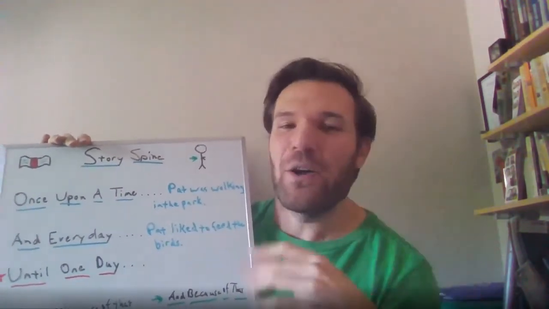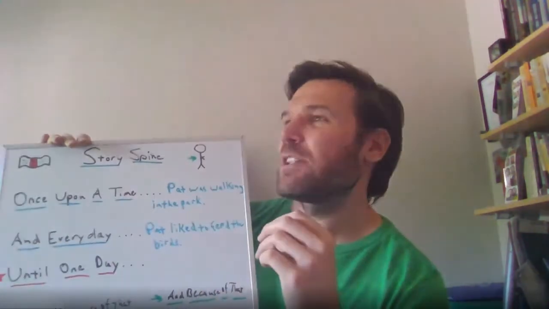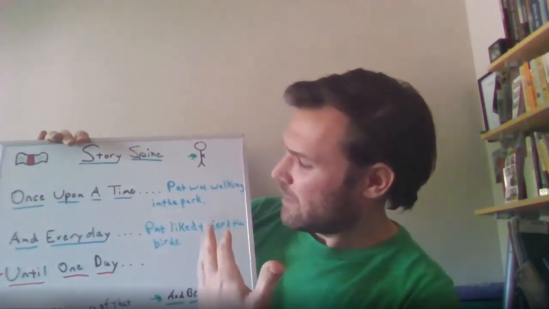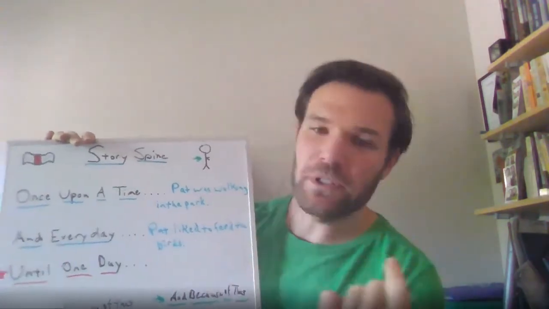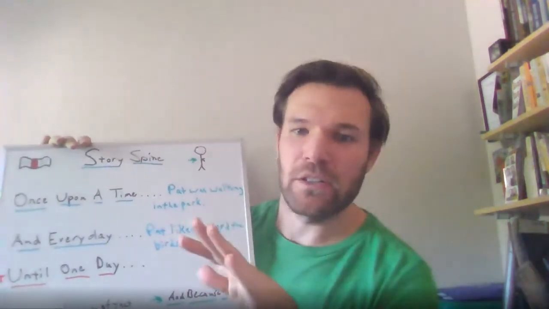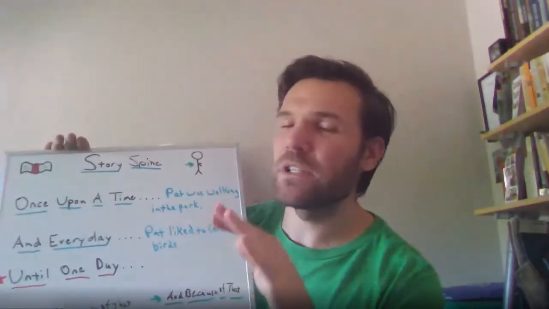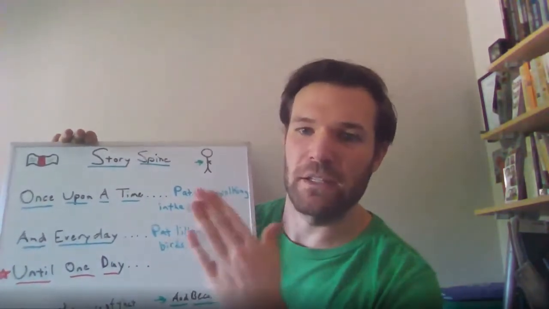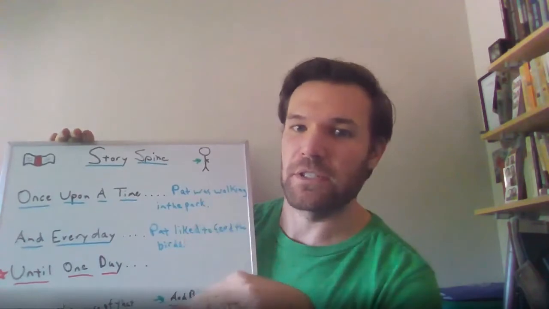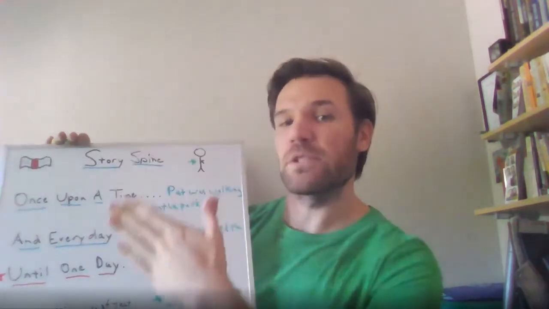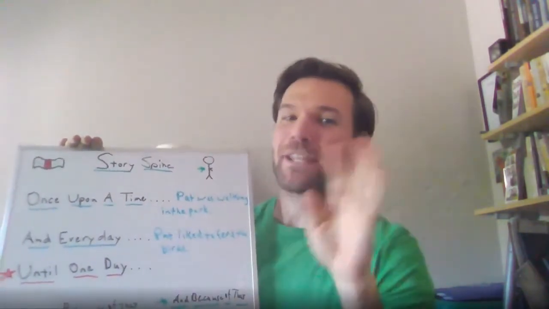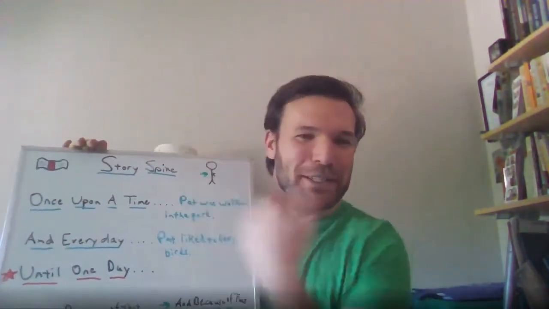Or it could be something very simple, like they didn't have anything to feed the birds, or the birds weren't there. The more clear and simple you can make each part of the story, the better the story is going to be. If you have a lot of details, that's perfect. But for right now, we're just forming the spine, and then we add the muscles, the nerves, the skin, all that stuff. Right now, we're just creating the spine.